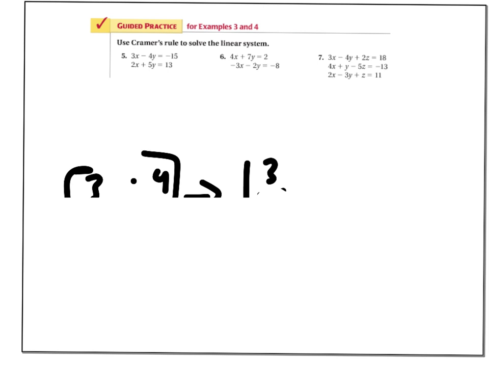Now you go ahead and do number 6 and pause the video if you like. I will tell you the answer when you come back. Alright, the answer for number 6 is, and I'll just put it up here, 4 and a -2 are your x and y values for number 6.